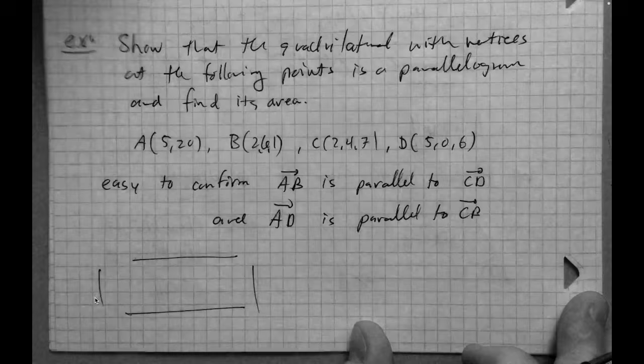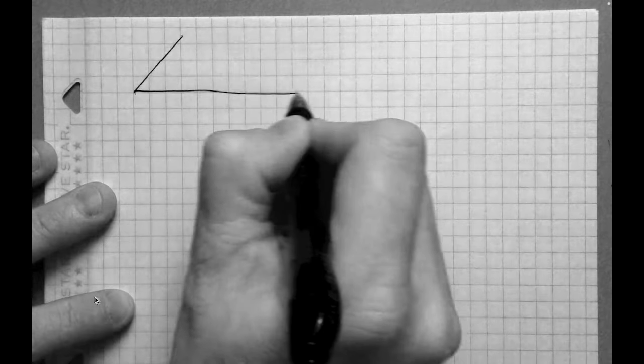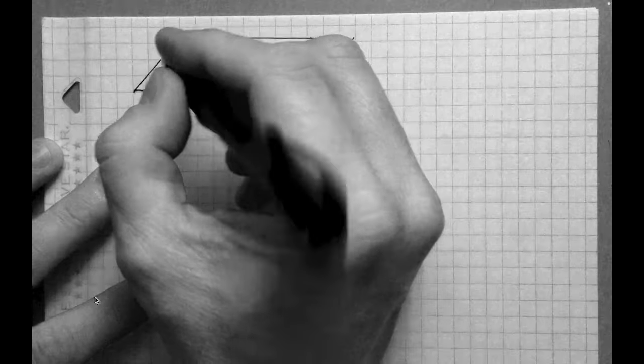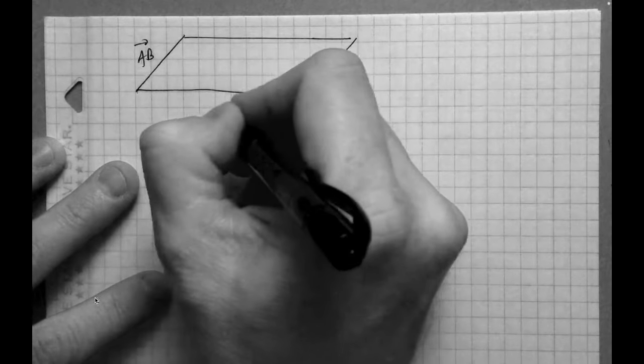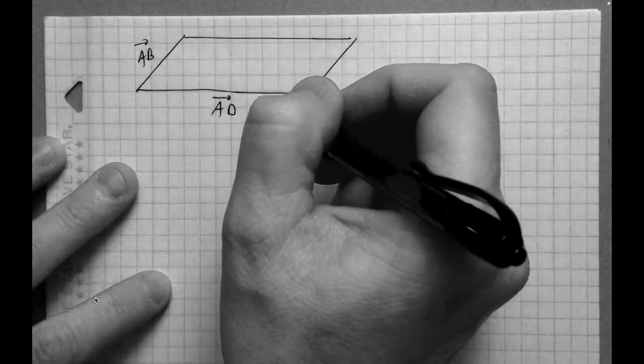Let's flip pages here. So the question is more about the area. Let's assume we can get to the point where we know this is a parallelogram. You've got 4 sides here, and one of them is AB, and the other one is AD. So you've got AB and AD.